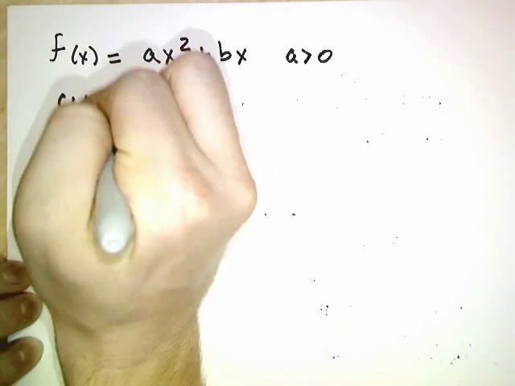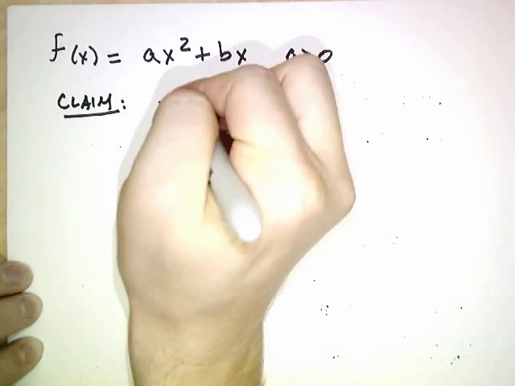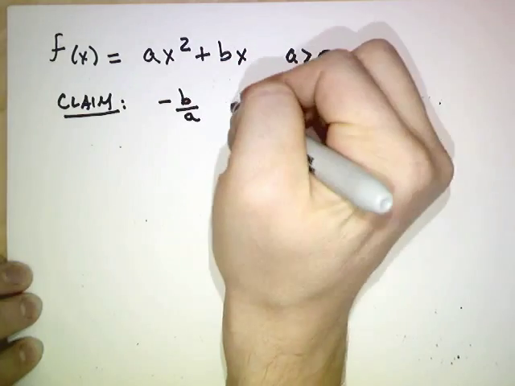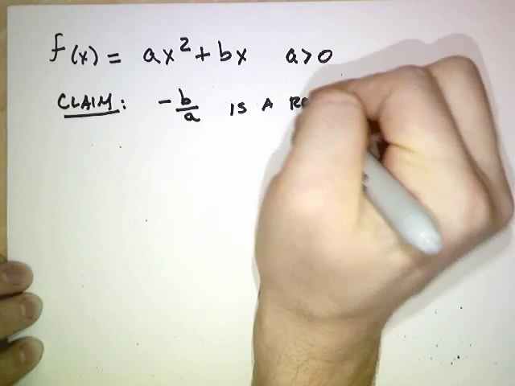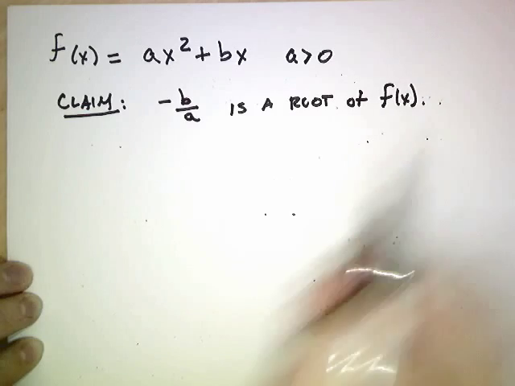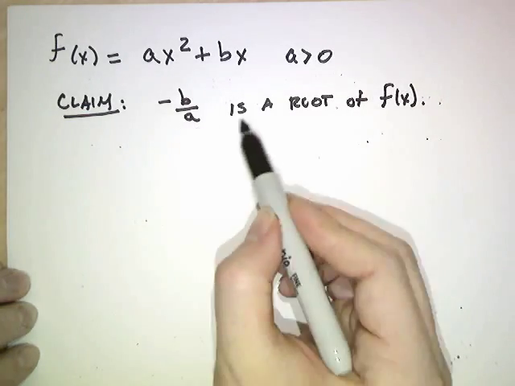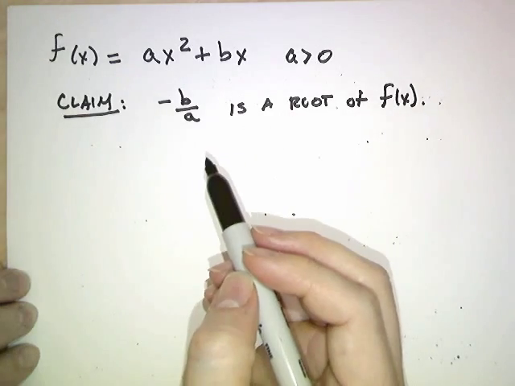The claim is that minus b over a is a root of the polynomial f of x. Okay, so this is the statement I would like to prove. I'd like to prove that minus b over a is a root of f of x.